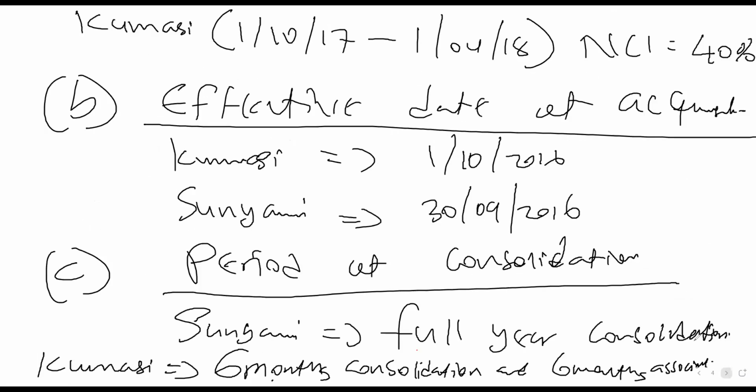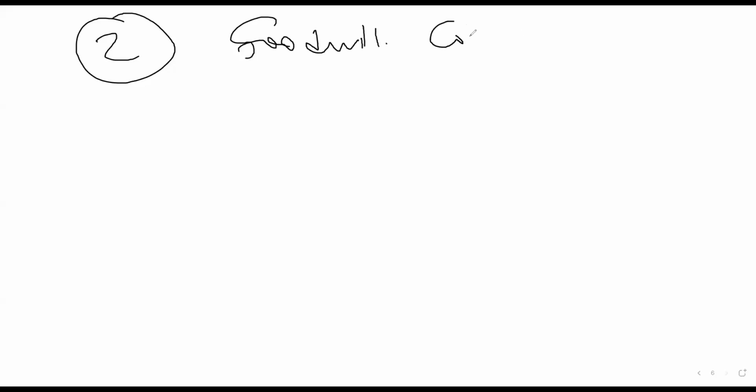So you do your goodwill calculation. So you see, the examiner has 8 parts. When you are done, your next working should be the goodwill computation.